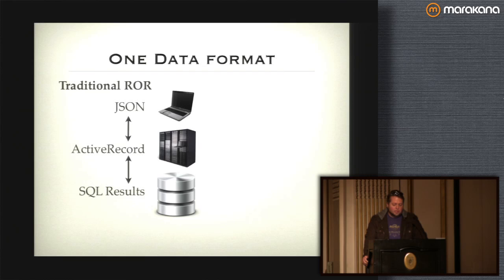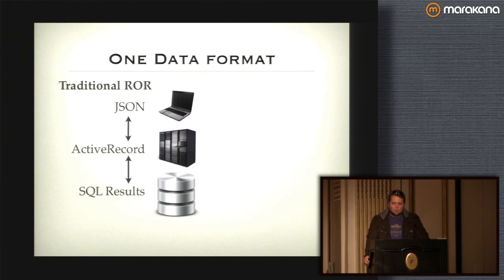Imagine you have to take the JSON, transform it into Active Record, transform it into SQL to query the database, take the results, transform them back to Active Record, and then print out JSON with them, and send them back over to the client. That's a lot of marshaling and work involved in working with the stack.